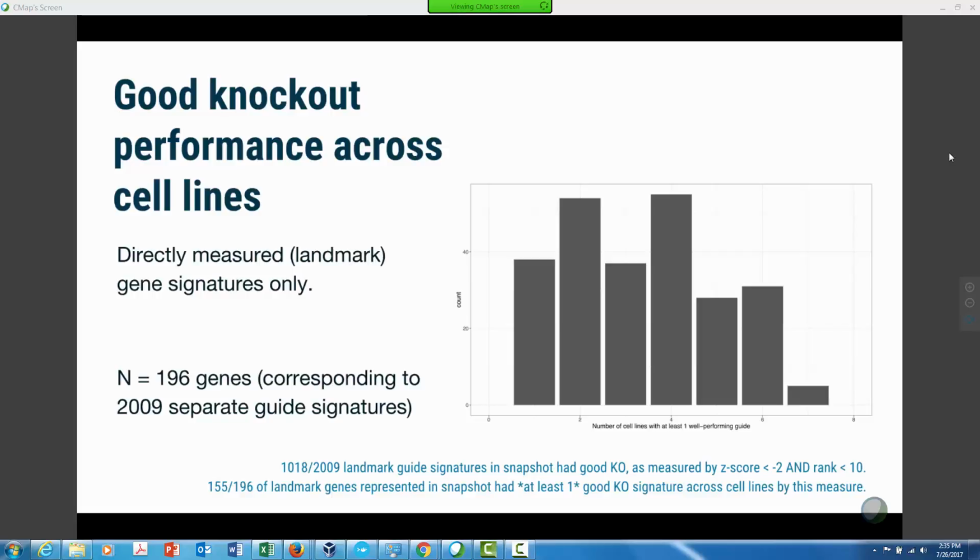Particularly if a cell line happens to have low baseline expression in a gene, we don't really expect to get a strong knockout signature out of that, because the knockout of the low baseline expression gene is pretty similar to the standard cell state. But we're also pretty excited about this because it indicates that there is value in profiling across all these different cell lines.